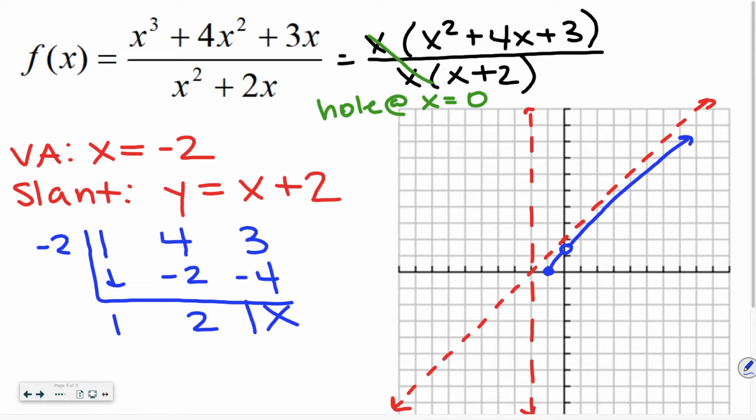And then we know we have to approach those asymptotes. Okay, so here's one where it's in the wider part. All right, on the other side of our asymptote, we can plug in -3 and -4.